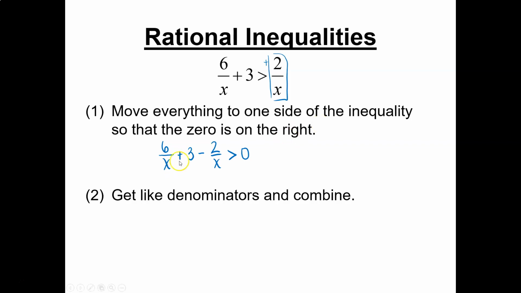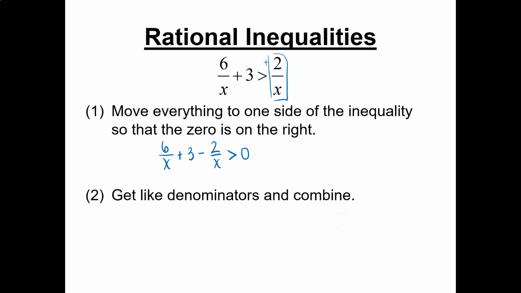If you have plus or minus signs in between things, we don't know when 6 over x plus 3 is positive or negative. We can't find zeros for that. But if we have everything combined, we know if the numerator is 0, the whole thing will be 0. If the denominator is 0, the whole thing is undefined. We can't know that with it like this. So we've got to combine.